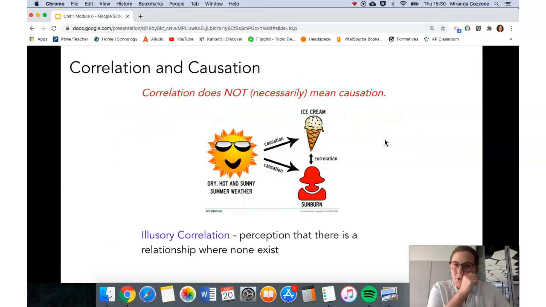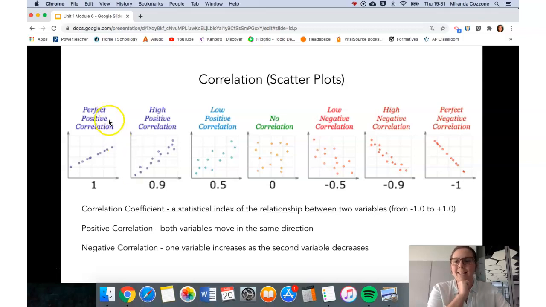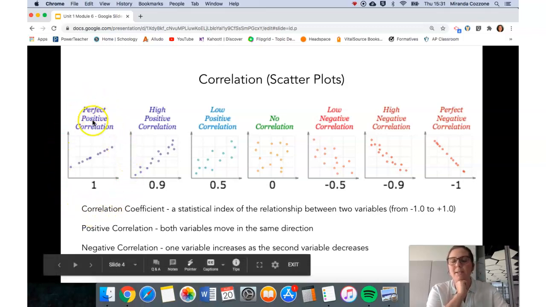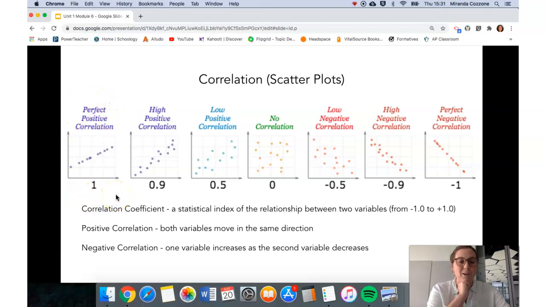All right, so let's come back to the ice cream and the sunburn. Okay, let's say that I do a study where I actually go out and I collect survey data and I want to know about ice cream and sunburns. And let's say I get a perfect positive correlation from my data, okay? So as sunburns increase, ice cream sales also increase, okay?